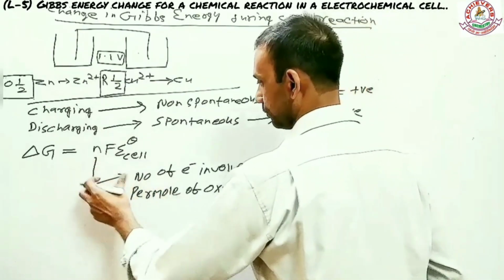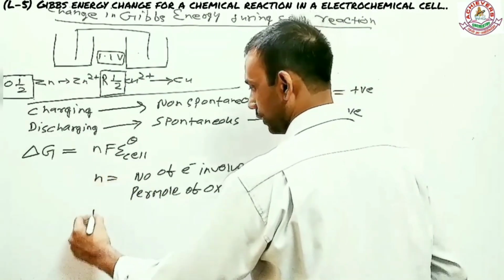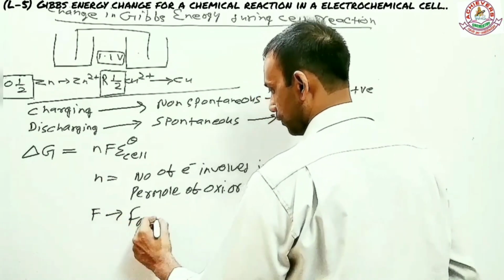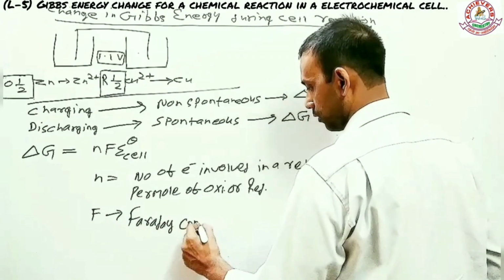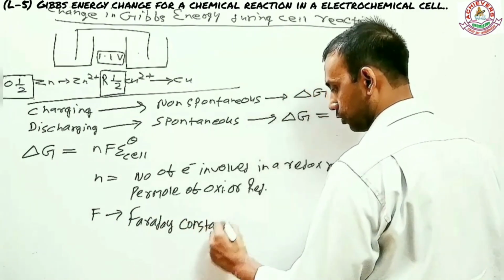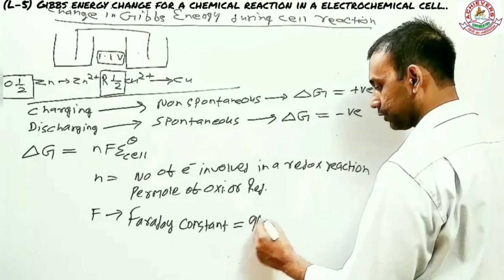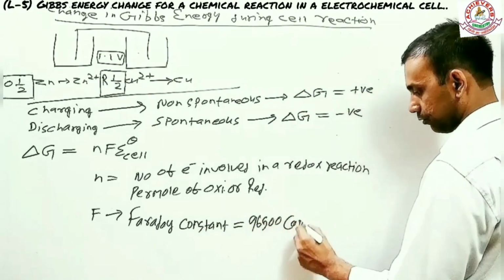What is F? F is called the Faraday constant, and its value is 96500 coulomb.